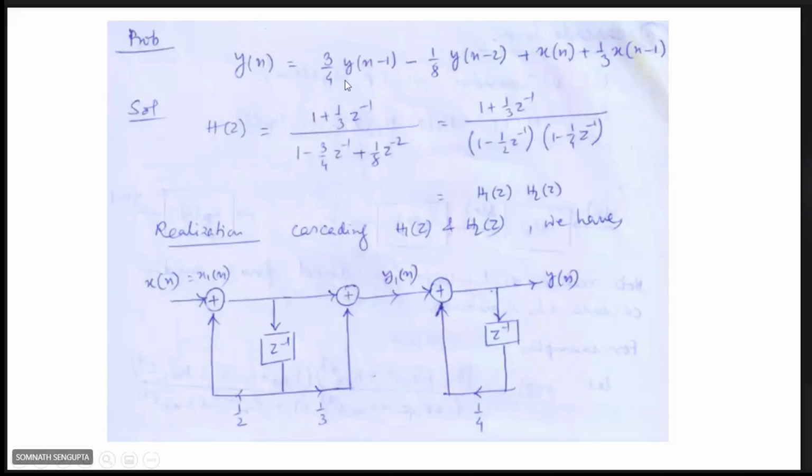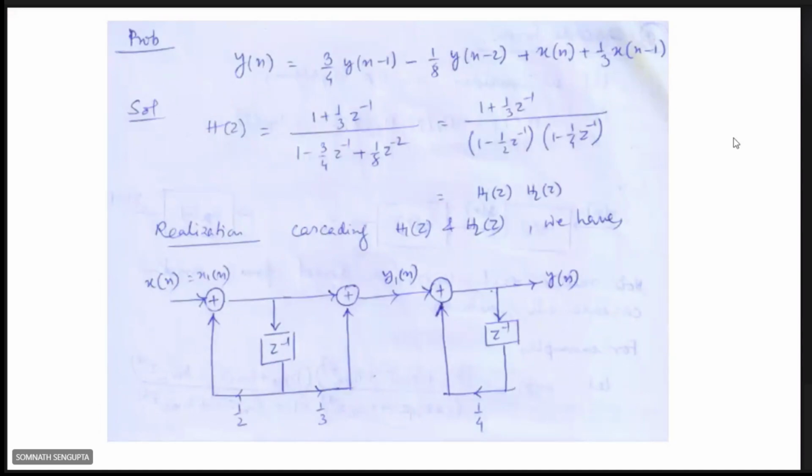Sir, we take the coefficient of xn in the numerator, and there is xn minus 1, so we write z minus 1. Similarly, in the denominator, we will have 1 minus the coefficients of y with a minus sign. So 3 by 4 is positive, so we have minus 3 by 4, and n minus 1 is there, so z power minus 1. Similarly, minus 1 by 8 is there, so minus of minus gives plus 1 by 8, and n minus 2 is there, so z power minus 2.